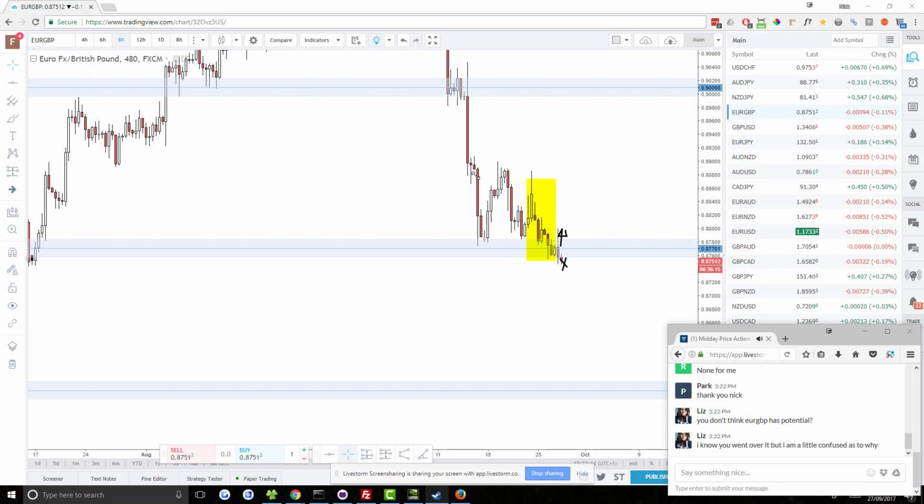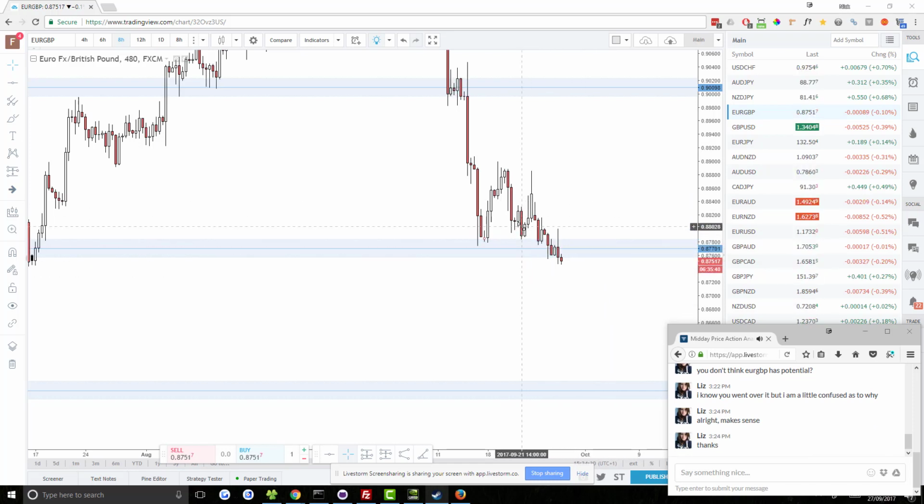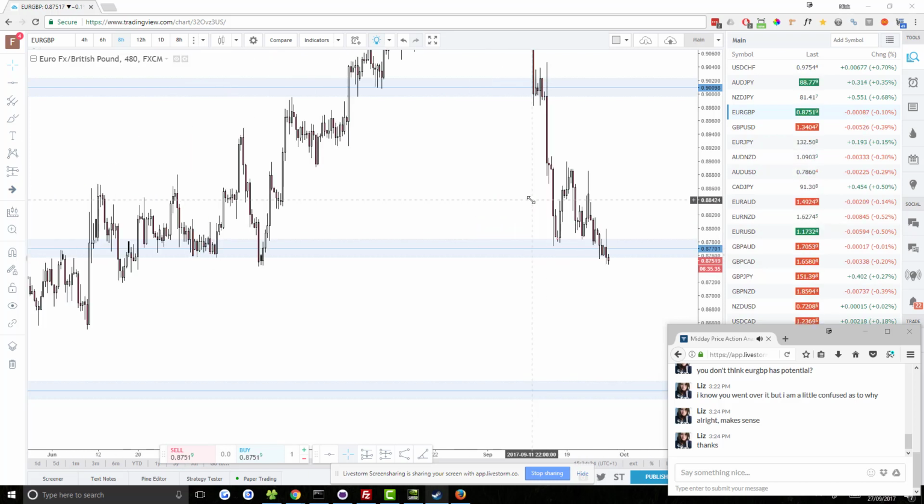I mean, there's just so many factors against it. And if it's a counter trend trade, I want everything else to be good because I'm trading counter trend. And here, everything else is just not good. If this was with the trend, I might say, yeah, okay, I'll jump in. But it's just too messy.